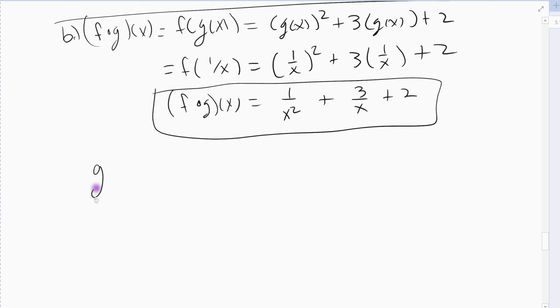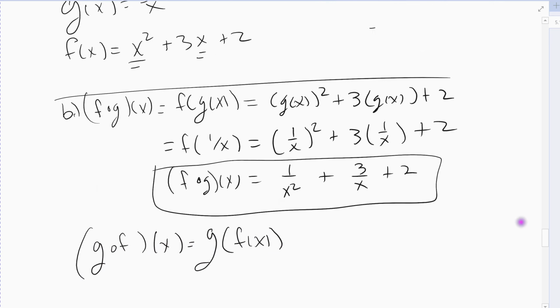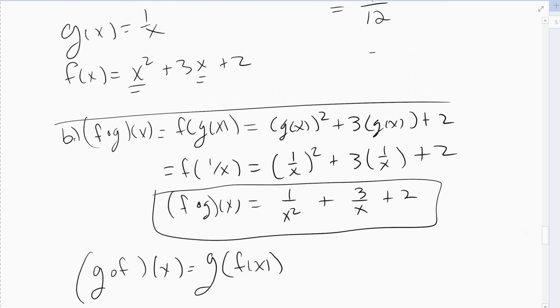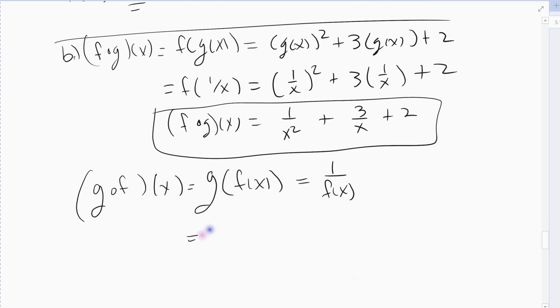All right, then the second part is we'll flip it around. G of f of x, the other way around, where g is my outside, f is my inside. So again, reminding you what they were. This is when we take g, which is 1 over x, and plug my function f in, which would be 1 over f of x. And f of x, if you remember, is x squared plus 3x plus 2.